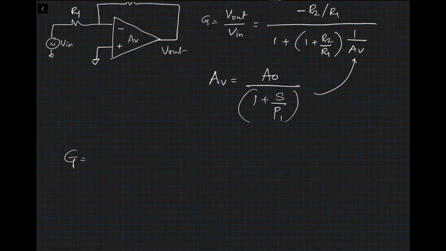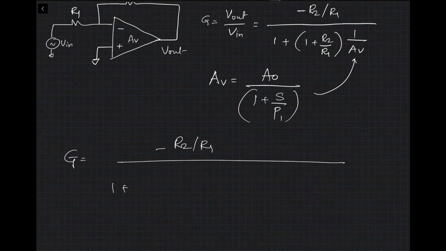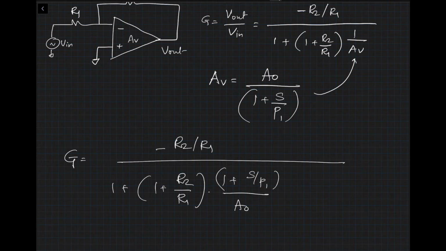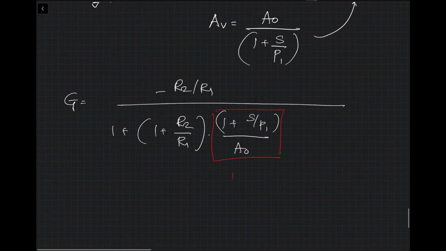So gain G is given by minus R2 divided by R1 divided by 1 plus R2 divided by R1, and here we have A0 and 1 plus S divided by P1. So this term right here, I can split into two pieces as 1 divided by A0 plus S divided by A0 P1.